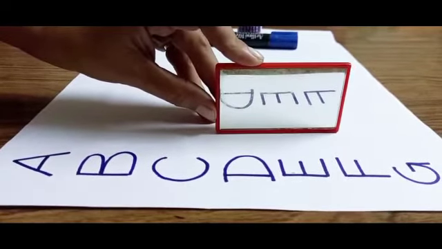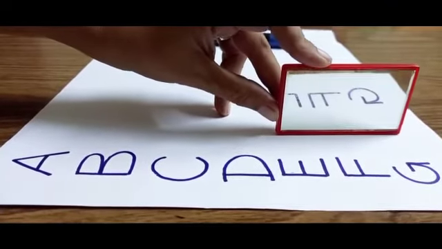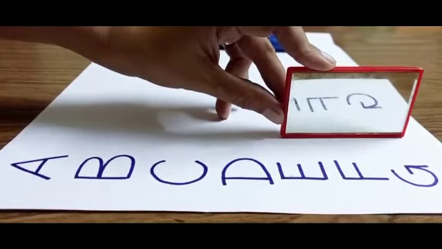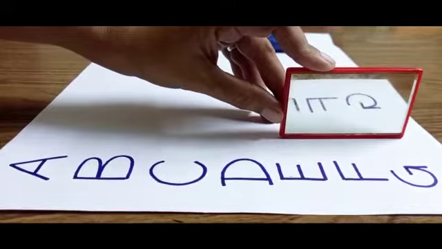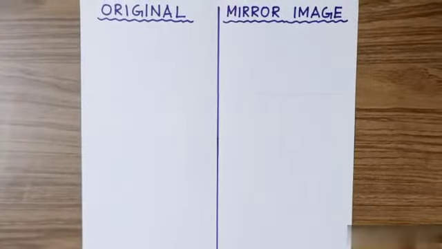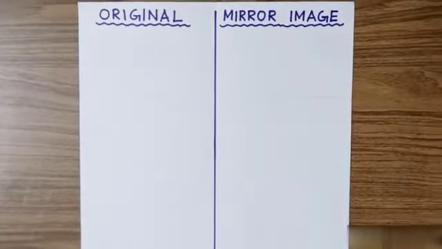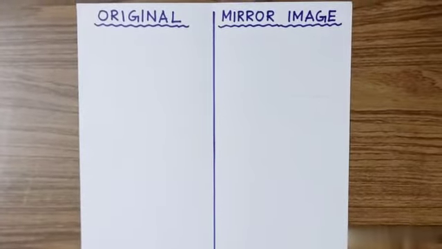Then comes E, F and G. You can see we cannot read the letters properly in the mirror image as the letters are reversed. In this activity, children, we will see the letters that look the same in the mirror image.